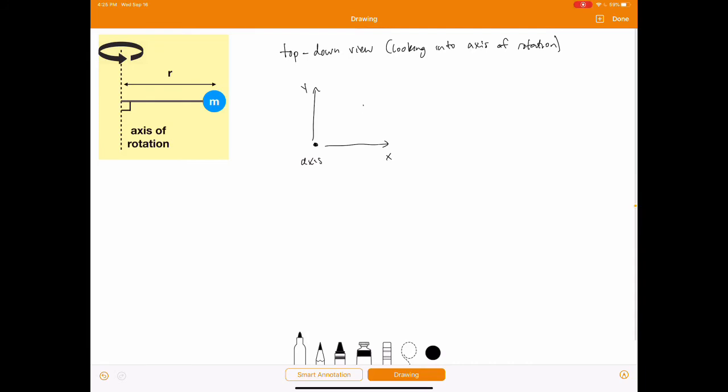And then our mass is going to be somewhere over here. So there's the mass, and it's a distance r away from the axis. So let's actually draw that. This will be our vector r. So that goes from the axis of rotation to where the mass is. Okay, so now let's imagine that there's some kind of force acting on the particle, okay? I'll just draw some random force vector F like this.